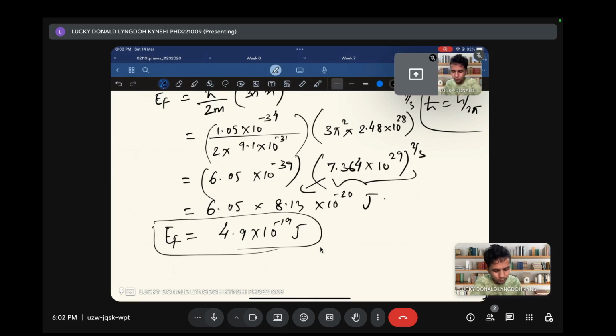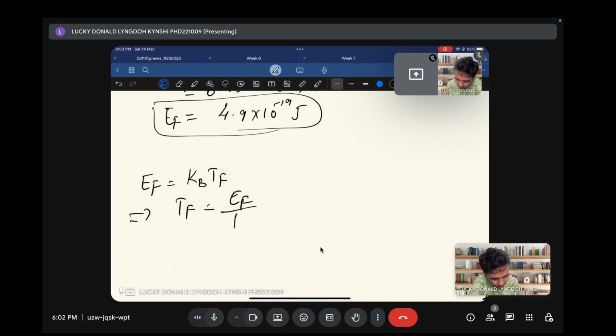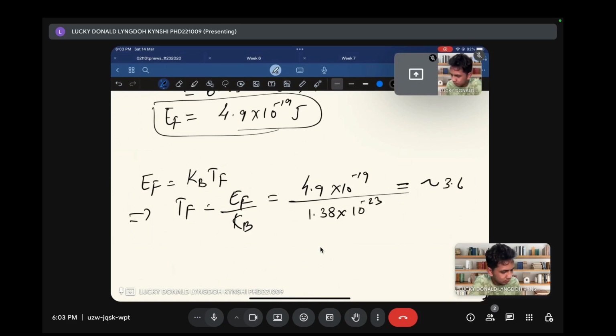Now once you get the Fermi energy, what else? You can get EF is equal to KB TF, so your TF is simply EF by KB. EF is 4.9 into 10 to the power minus 19 joules, and KB is 1.38 into 10 to the power minus 23, which is approximately 3.6 into 10 to the power 4 Kelvin.